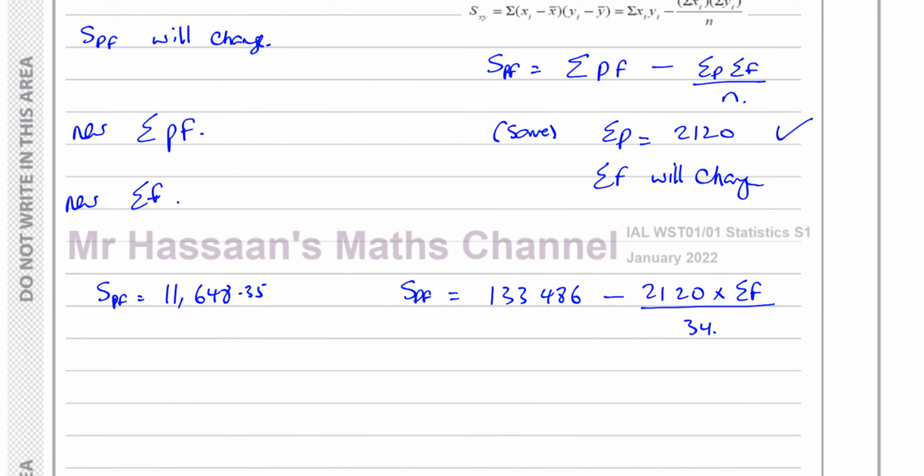We know the old Spf is 11,648.35. With this I can find the old sum of F, so I can rearrange this. 2,120 times the sum of F over 34 equals 133,486 minus 11,648.35.